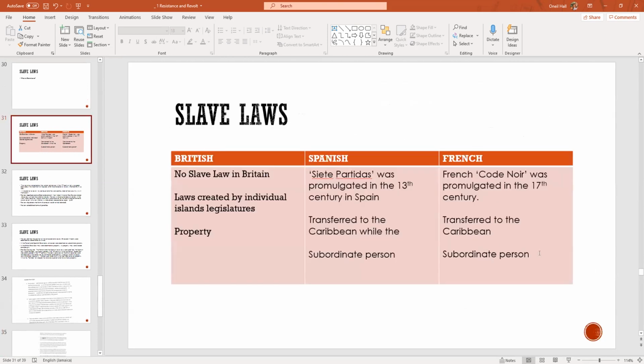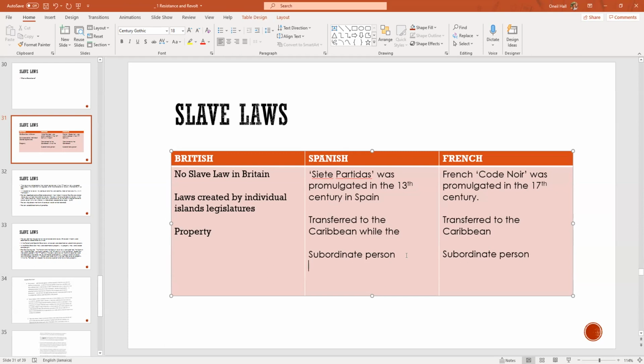In the Spanish slave laws, one of the first things they mentioned, and the last point, is that the planters were supposed to provide food, clothing, and shelter for the enslaved person.